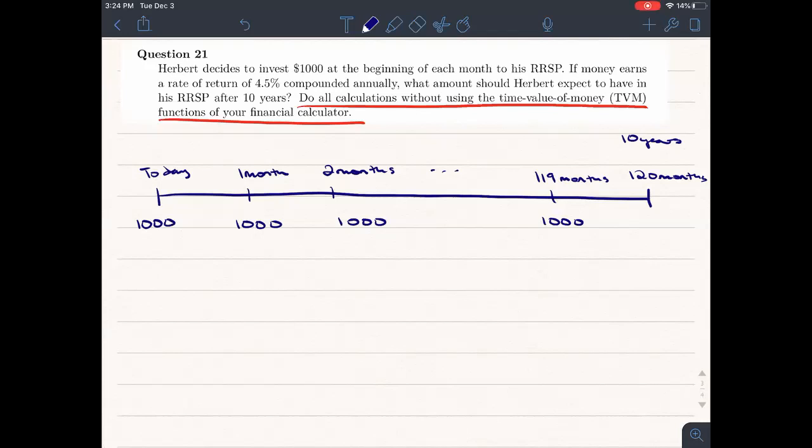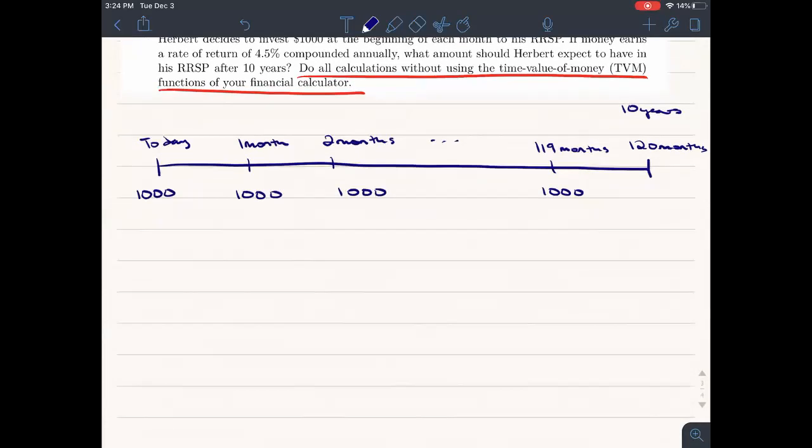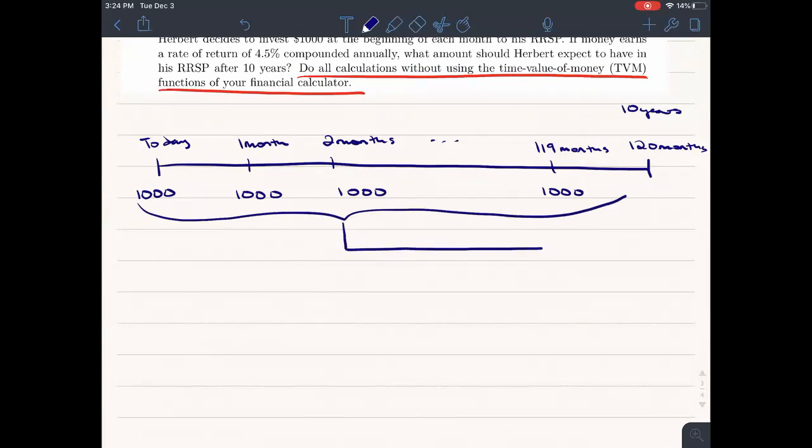So now he's saving money. So these payments are all going to funnel into a future value at the 10-year mark. And because these payments are at the beginning, it's a future value due. So I do these curly brackets, but that's only because I think they're really fun to draw.